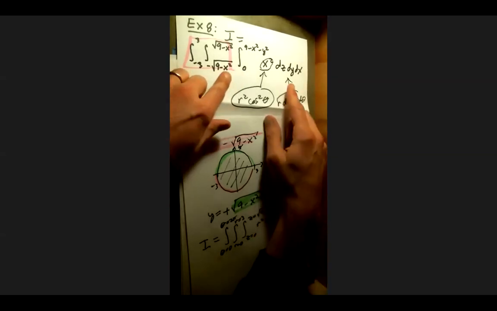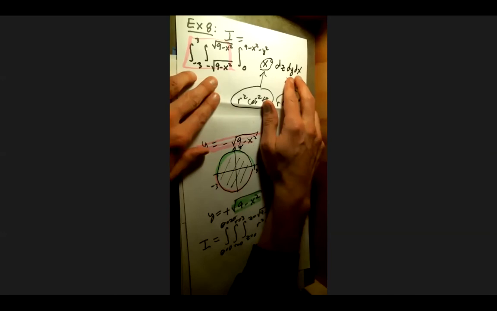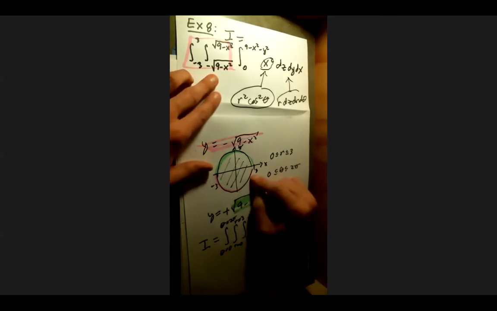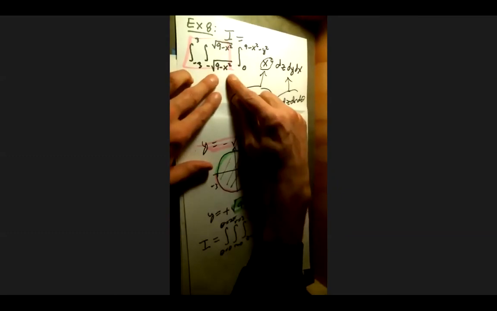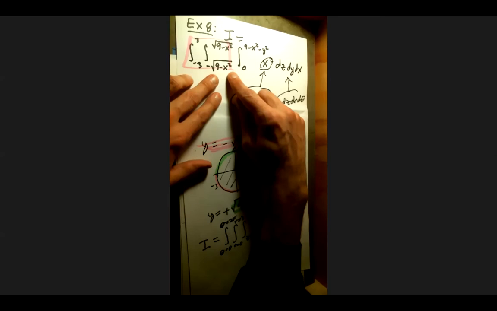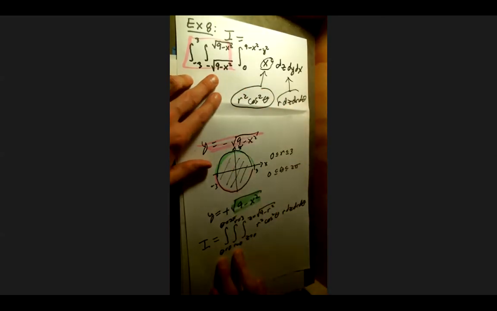But in order to go from the x y limits to the r theta limits, you're going to have to draw a picture. Now it's possible that you've done this enough that you can visualize the picture and you don't need to write it down. That's totally reasonable, because this is a pretty common scenario. But there isn't a nice, clean algebraic way of going from these x y limits up above to these r theta limits down below. There isn't a formula that's going to do that for you.